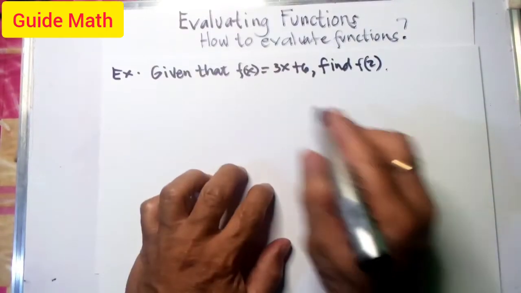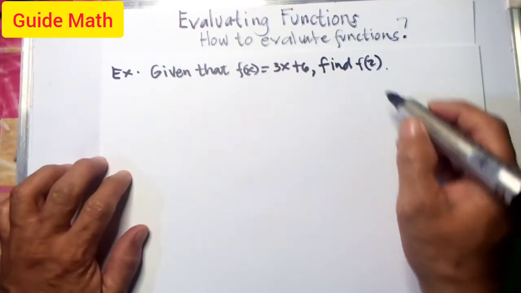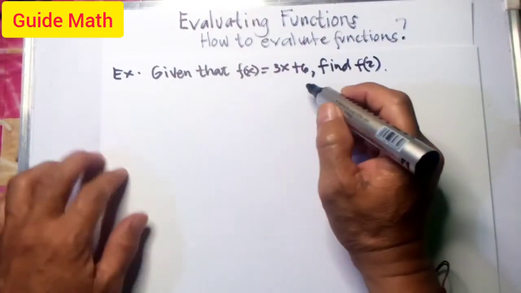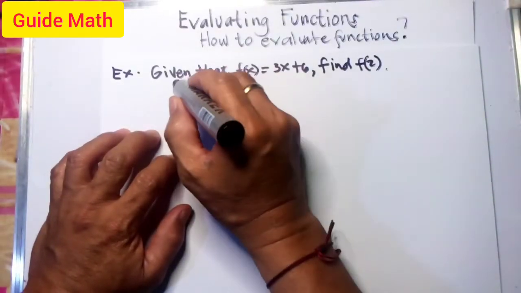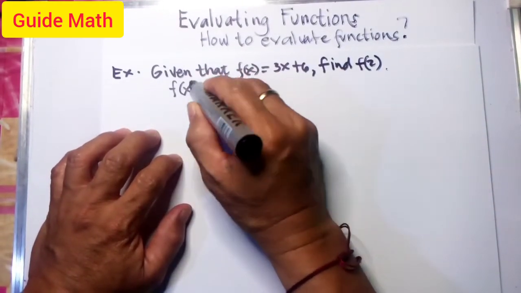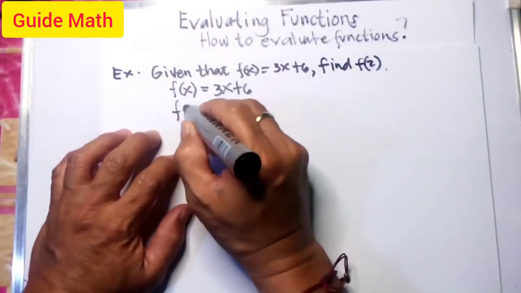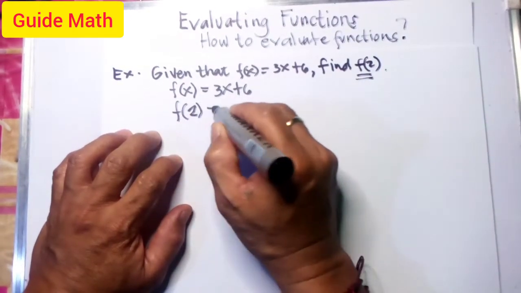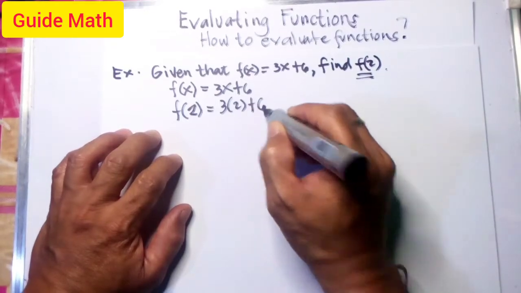So we have a rule here, which is f of x equals 3x plus 6. Then we have an input f of 2. So we are going to evaluate this based on the given rule. If f of x is equal to 3x plus 6, then f of 2 is equal to 3 times 2 plus 6.